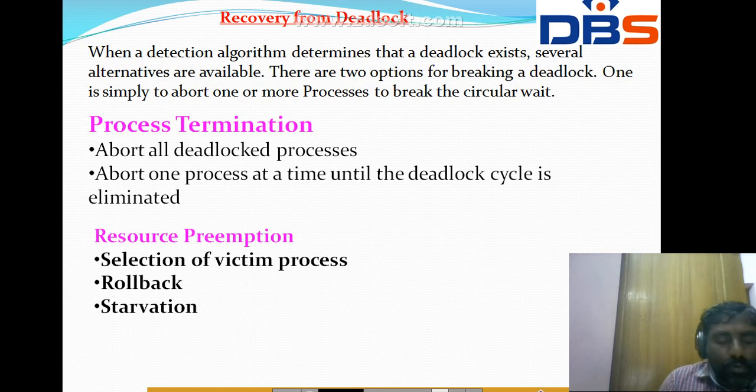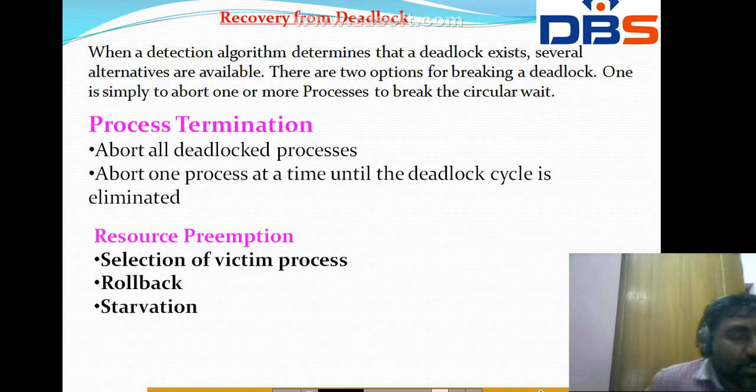We have three important issues. The first is selection of victim process, where we need to decide which process or which resources are to be preempted. The decision is based on a cost factor, which includes the number of resources a deadlocked process is holding and the CPU time consumed by it.